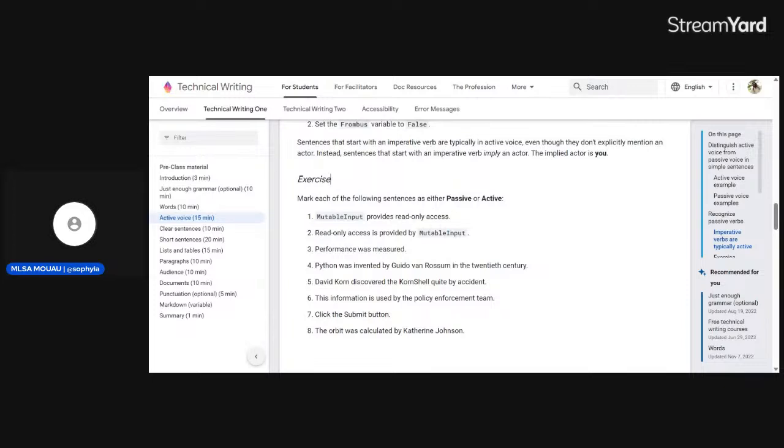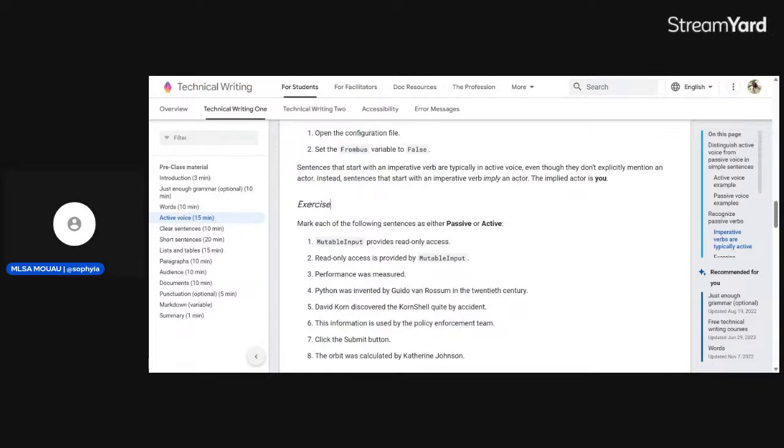Instead, they imply an actor, and the actor is usually you. Like this one: open the configuration file. The actor will be you, so you are the one performing the action, and the action is for you to open the file.